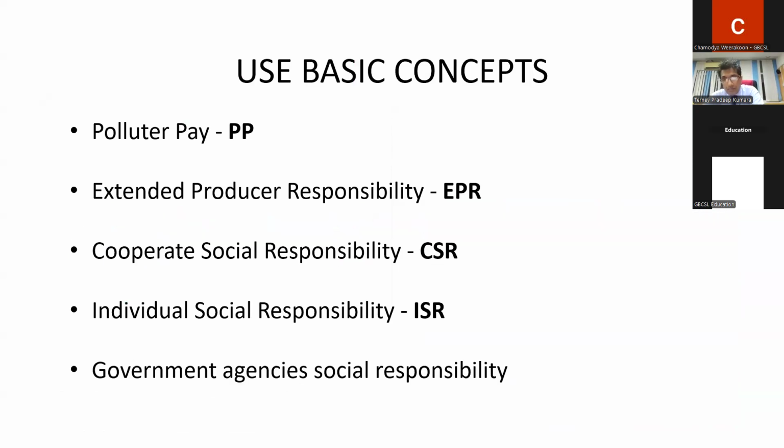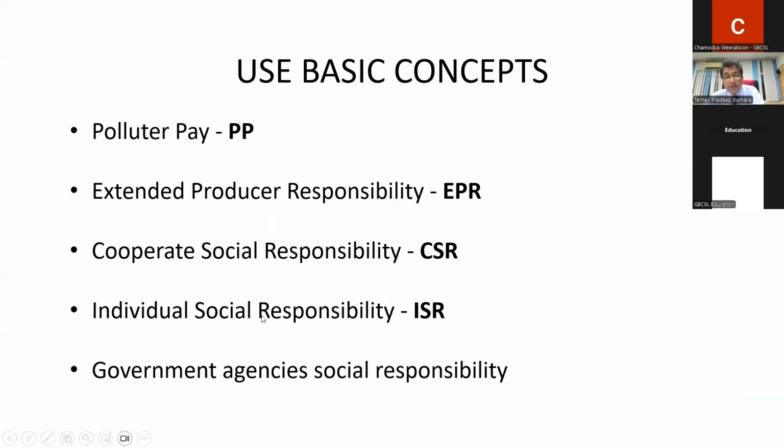And we can go for some basic concepts like polluter pays, EPR, CSR, from CSR to ISR, individual social responsibility, because I am still focusing more on coastal or land-based pollution, because that is the source point for ocean pollution.